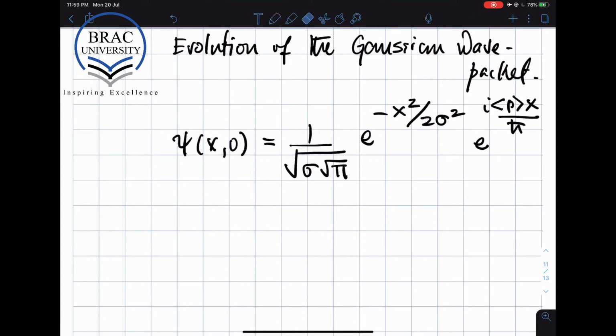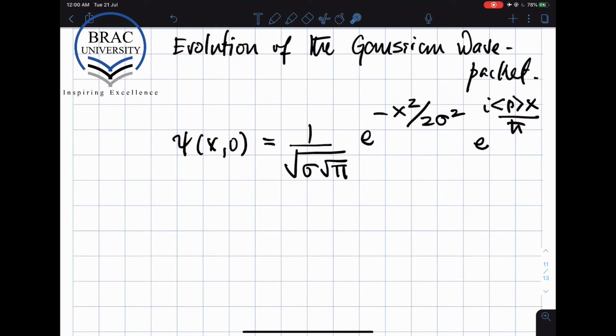And this is easily motivated, because you saw that if you had a particle whose momentum was p, you had a momentum dependent phase factor which was e to the power i p x over h bar. And here what we're saying is that if the Gaussian has an average momentum of expectation value of p, then it is accompanied by this phase factor.